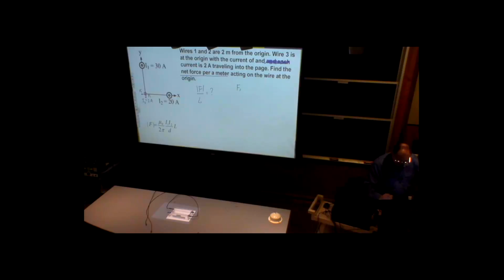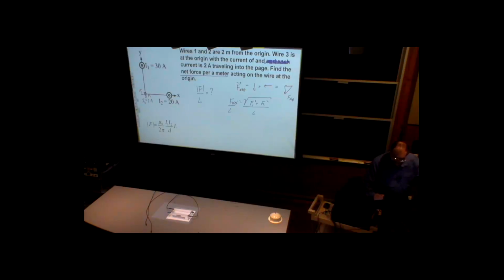F net is this plus this. This blue arrow represents F net, and we know that F net is supposed to be equal to the square root of F1 squared plus F2 squared. Well, what we're looking for is actually this.